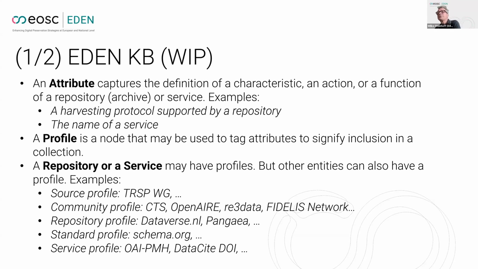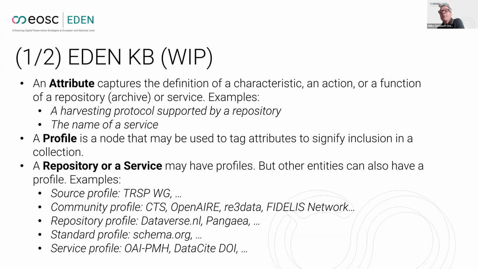Then we have the repositories and services, and those may have profiles. Other entities could also have profiles, but we have source profiles, for instance, from the RDA Technical Repository Service Provider Working Group.